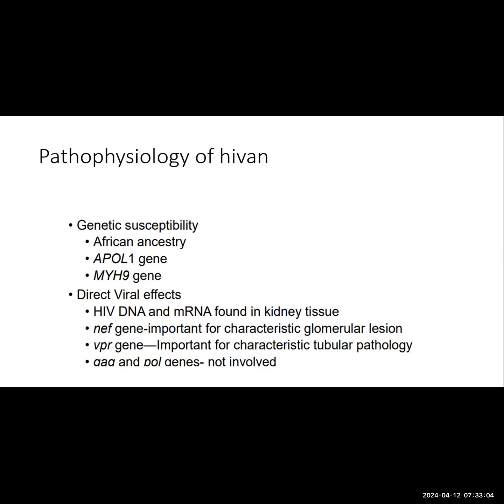This has been postulated to be due to the presence of the ApoL1 gene, which is found in areas where you have endemic trypanosoma, the sleeping sickness, as the ApoL1 gene is protective against trypanosomiasis, both rhodesiense and gambiense, depending on whether it's the G1 or G2 genetic variant that the person has.